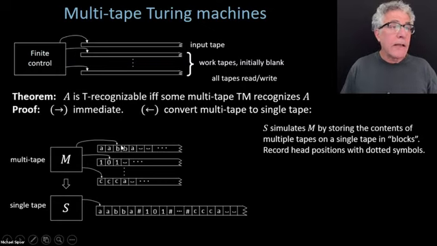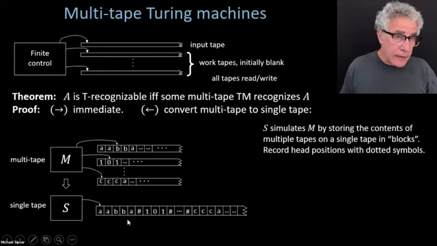Namely, M has a head for each one of its tapes, but S has just a single head. And each of M's heads could be in a different location. As I've shown it, on the first tape, its head is in location 3. On the second tape, it's in location 2. On the last tape, it's in location 1.